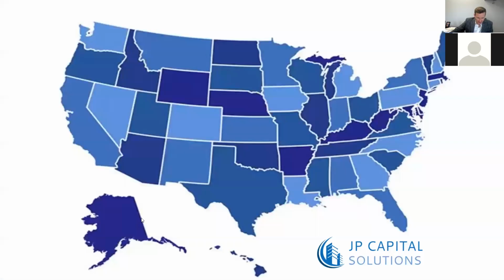We're going to go over those avatars more, but I just wanted to let everybody know again, we do have the capacity to broker in 48 states now. I have the list, but it opens up a lot of opportunity instead of just having to refer out your business.